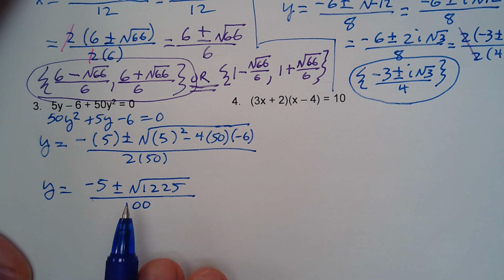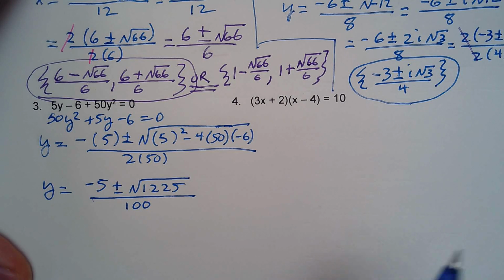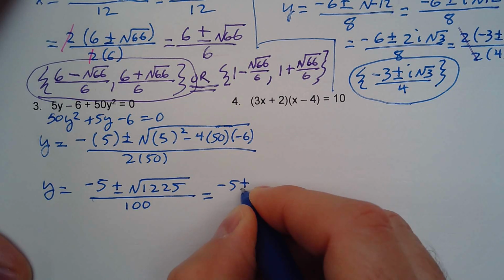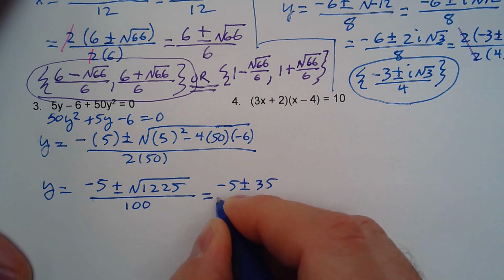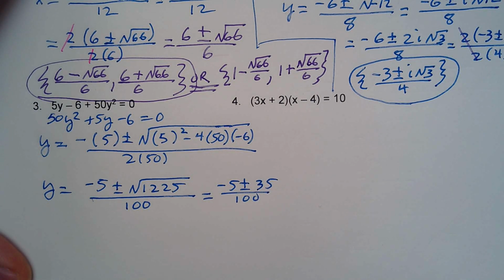And you should be able to take the square root of 1,225. Go ahead and do that on a calculator. You're going to get 35. That means I'm going to be able to separate these out because I lost my square root.